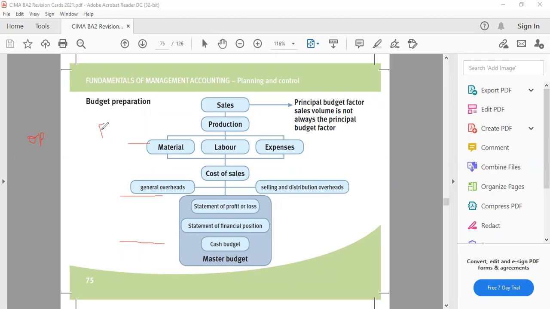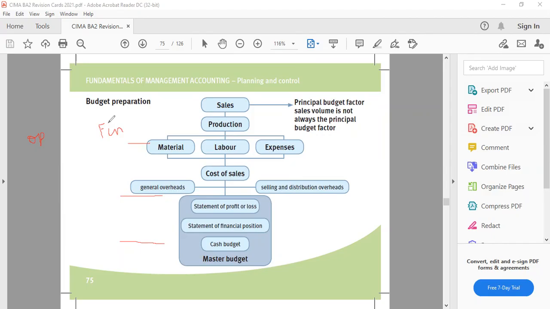The main operation of the business, the main activity for them, is buying and selling. Raw material is bought, then finished goods are sold. So everything which starts from the purchase of raw material, converting it into finished goods, and then selling these finished goods is a part of the main operation.